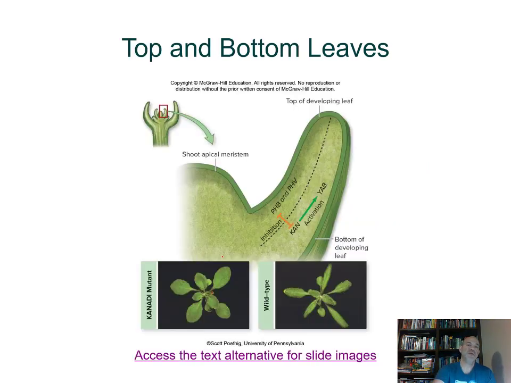overall. So when you have a top and a bottom of the leaf, that means there is an orientation for the leaf. The top is actually different from the bottom. And this, of course, is under control of some genes, and they are referenced in your book. And these genes are given names like this: PHB and PHV and KAN.